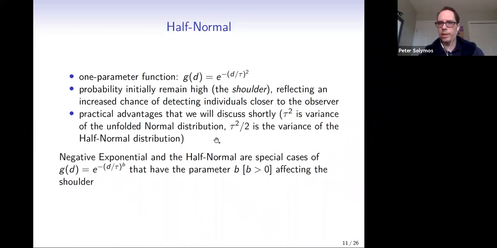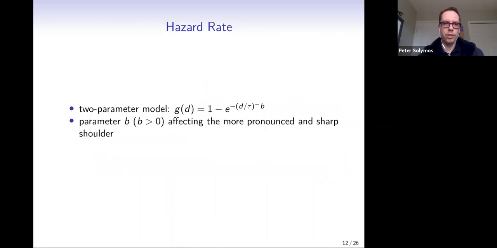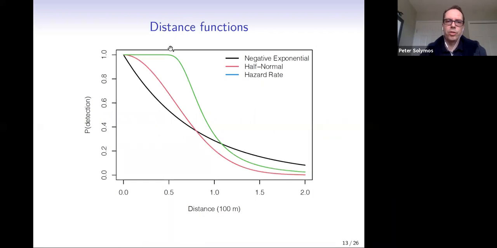So you can also look at it as a 2 parameter family of distance functions. The third one that is also often used in the literature is the hazard rate function, which is a 2 parameter model. It's 1 minus e to the power minus distance over tau to the power minus b. And this b is affecting a more pronounced shoulder. And so this is the shoulder I'm thinking about.